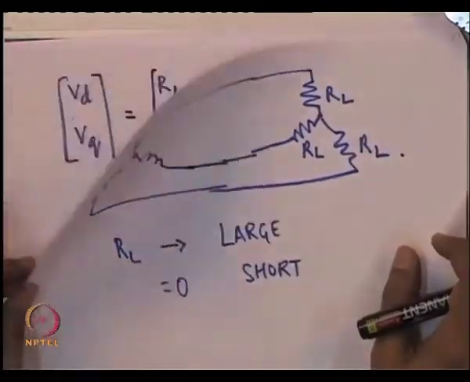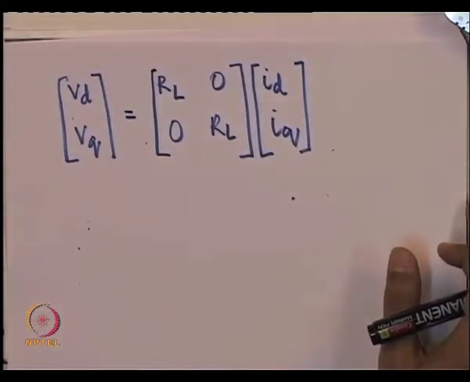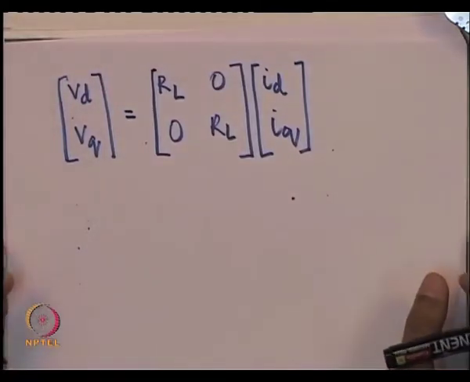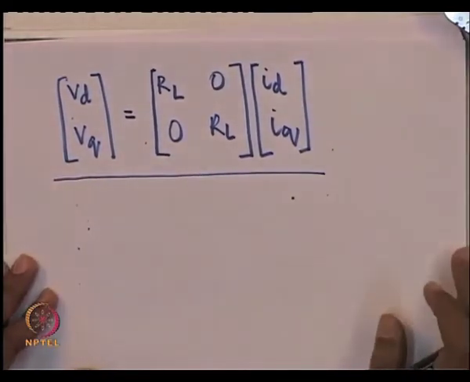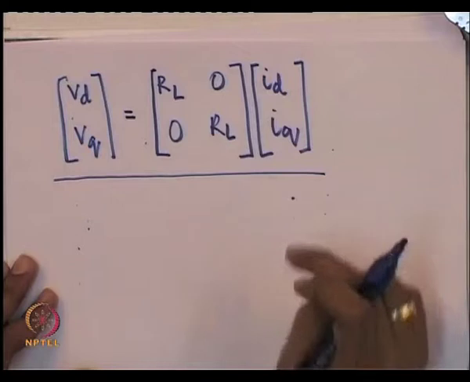It is easy to show that if you write out the voltage and current relationships, you can easily show that Vd and Vq are related to Id and Iq like this.